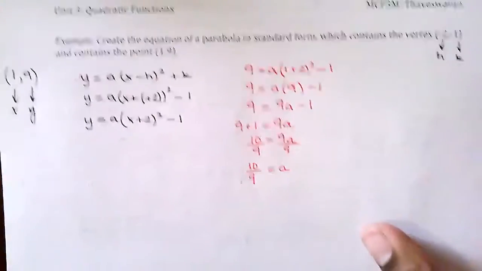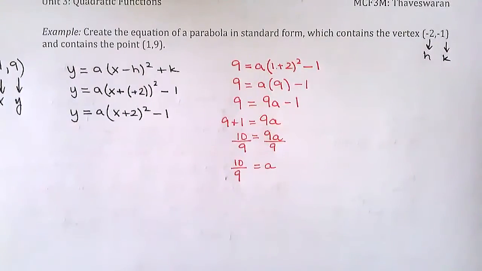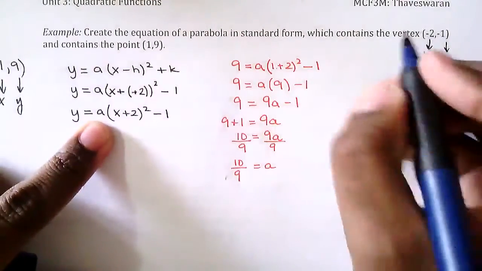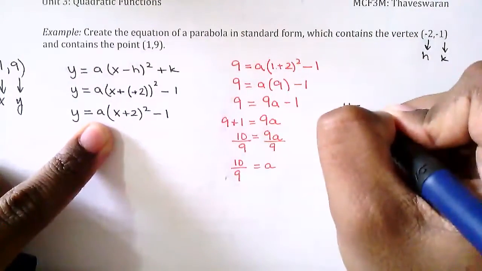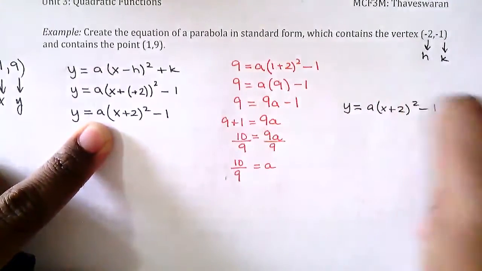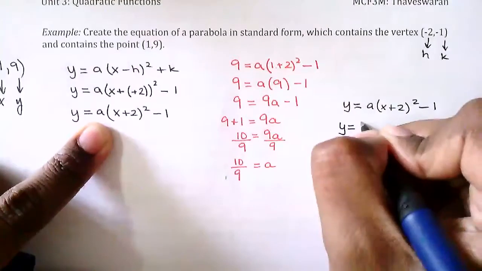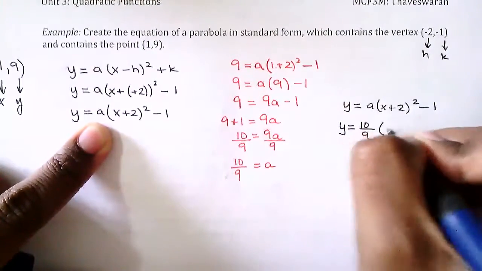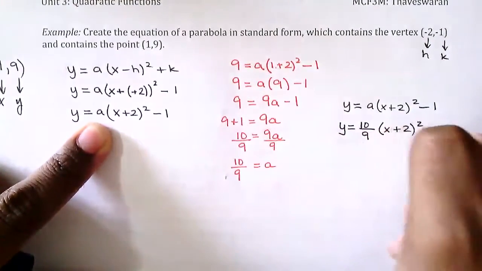Now that I have my a value, I can put it back into my equation, so my family of equations. So y is equal to a(x plus 2) squared minus 1. I have my a value now, which is 10 over 9, and so I plug that in.